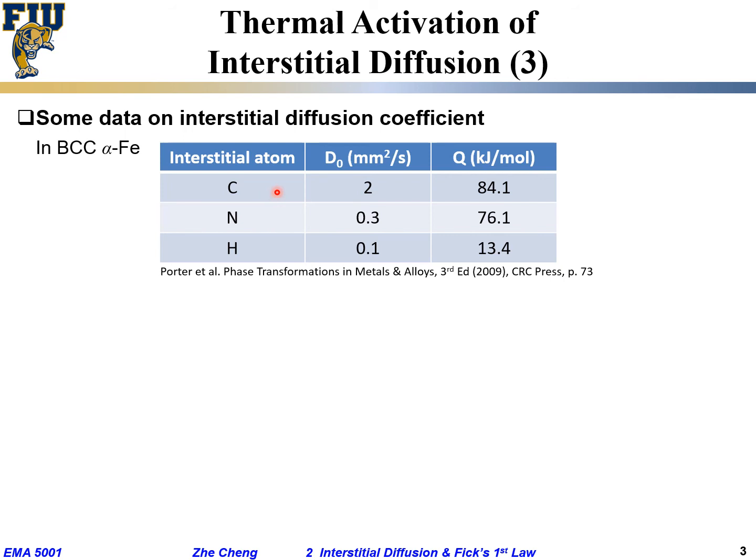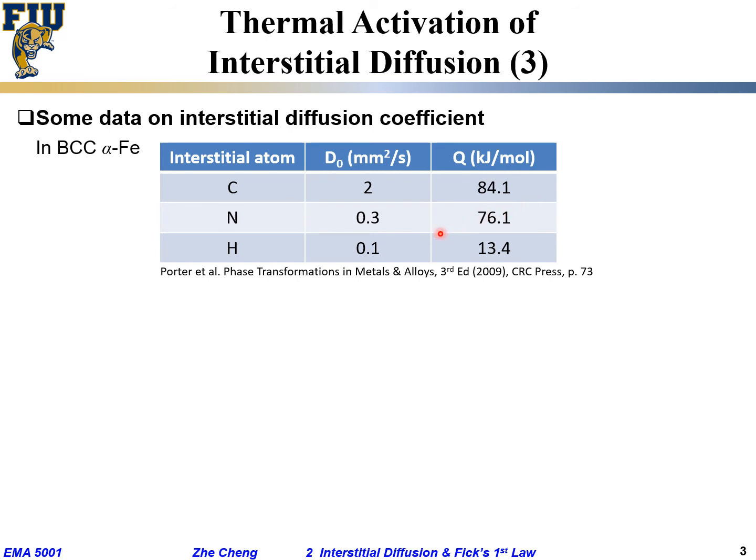And then naturally, as you imagine, which one is the smallest among all these 3 interstitial impurities? Hydrogen, of course. And because hydrogen is the smallest, does it surprise you that it has the smallest Q, activation energy, or energy barrier? No, right? Because it's the smallest, it disrupts the lattice the least. On the other hand, carbon versus nitrogen, carbon is larger than nitrogen. It has the highest activation energy. Make sense?